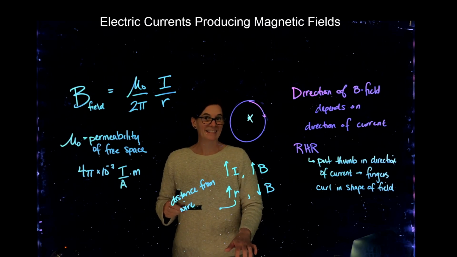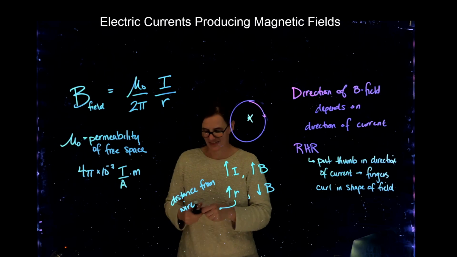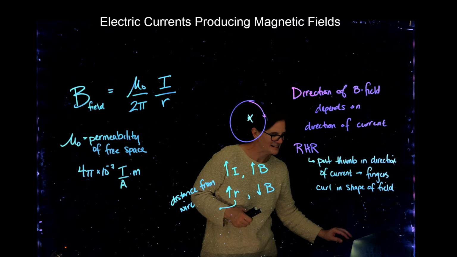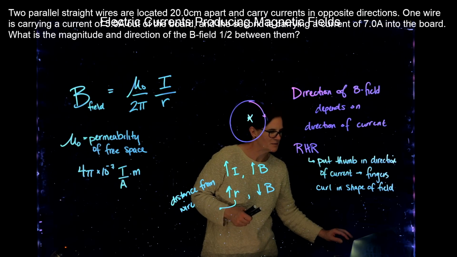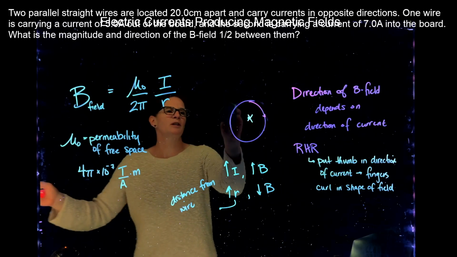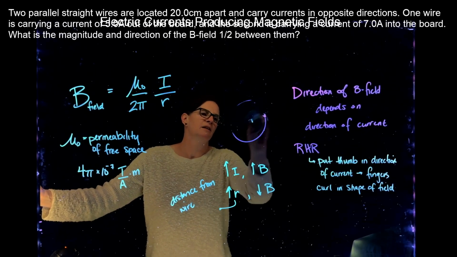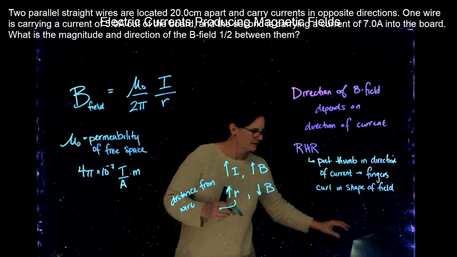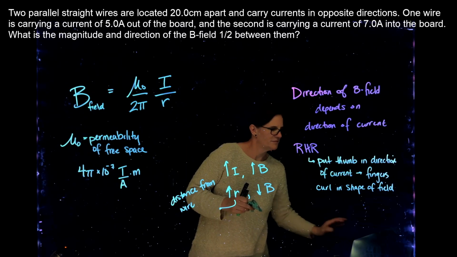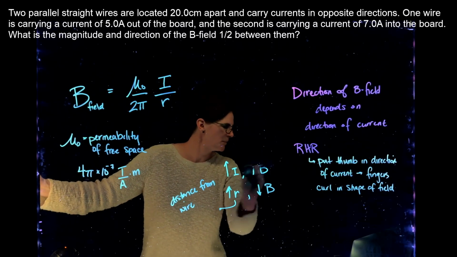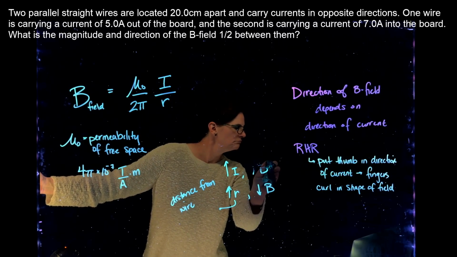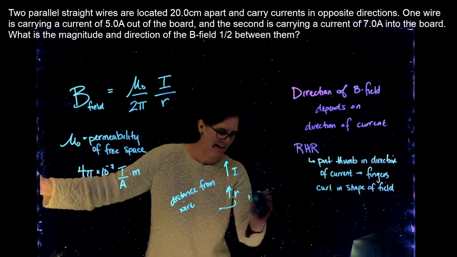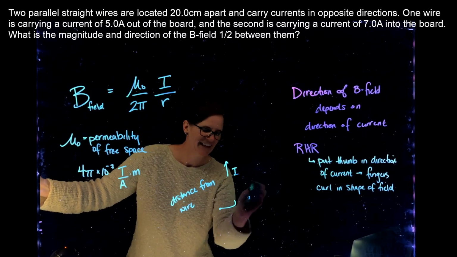So let's do an example, get ourselves comfortable with this equation. I'm going to pop up that example and erase the board while you take a peek at what that is. We're going to look at two parallel current carrying wires. They are 20 centimeters apart.